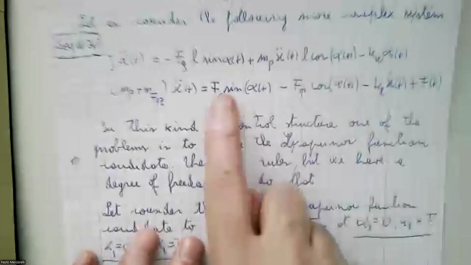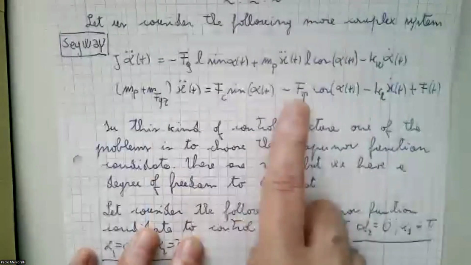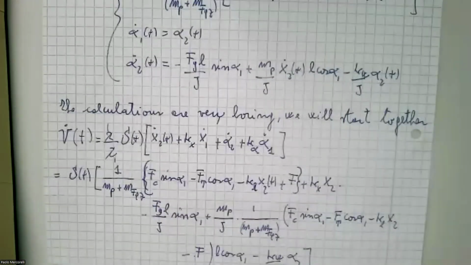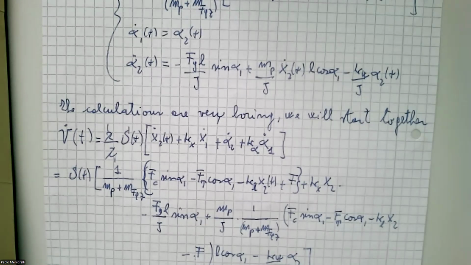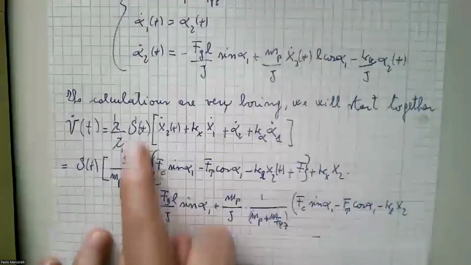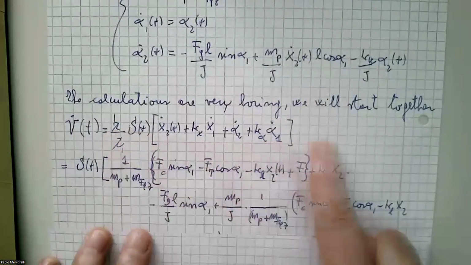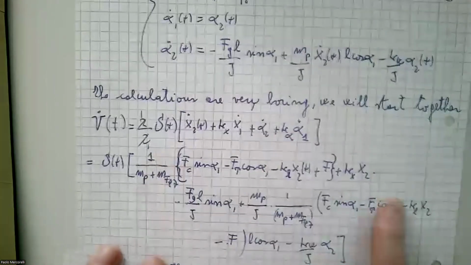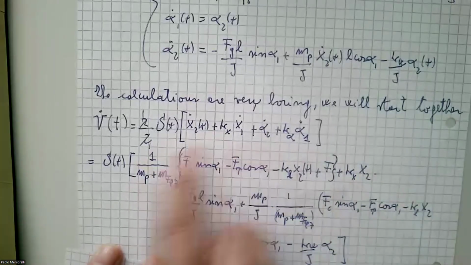If I do the calculations, very boring calculations, but simplified because we can consider Fc, Ft, which depend on the state, constant. It's a very rough simplification in order to obtain at the end this expression, and this expression here for s derivative.